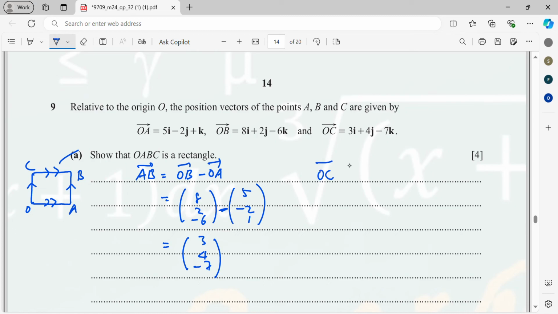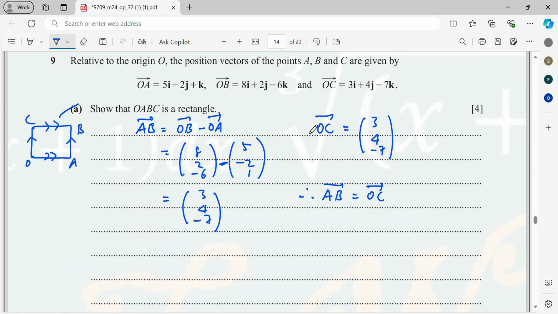OC is 3i, 4j, and minus 7k. That means vector AB is the same as vector OC, exactly the same. And now I need to prove OA and CB. So I find CB first. CB is vector OB minus vector OC. So this vector OB is 8, 2, minus 6.